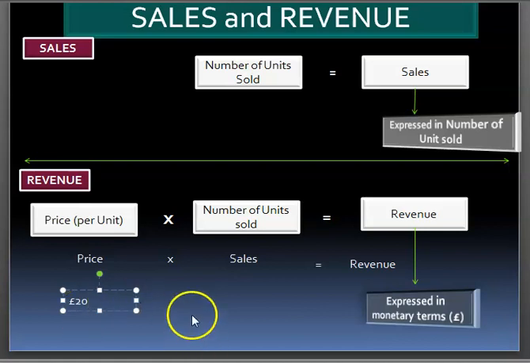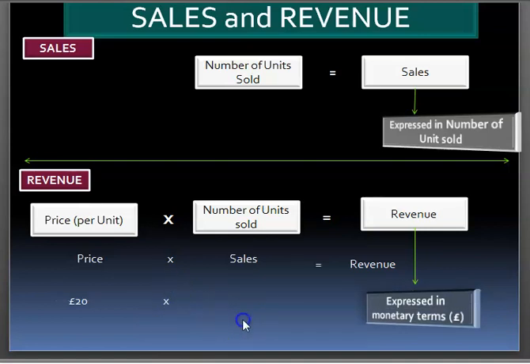Let me just put 20 pounds there. And you have sold 100 computers.